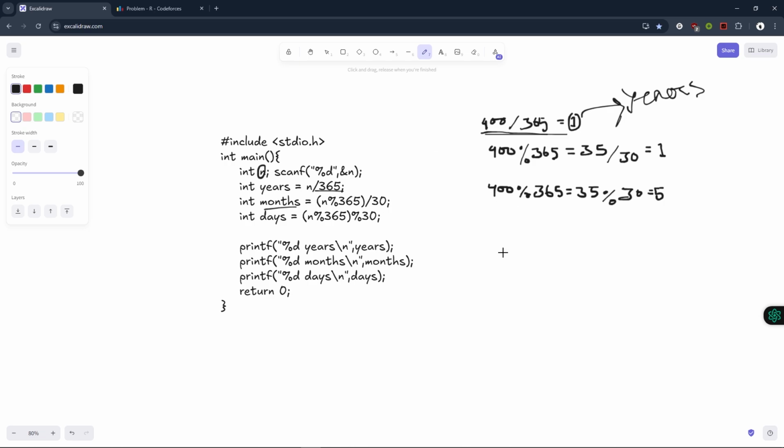The month is going to be calculated after the years. If for 400 days we calculate there's 1 year, meaning there are 365 days in this year, we have to calculate how many days are left. So we reduce, and we get 35.